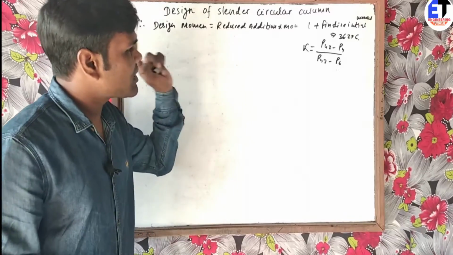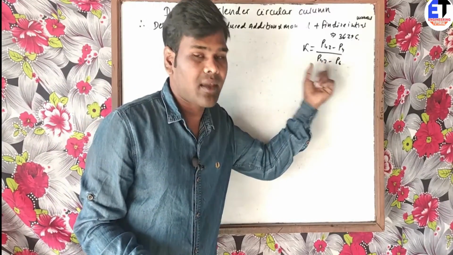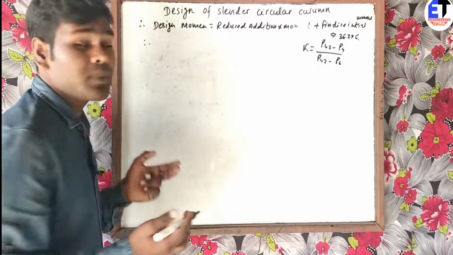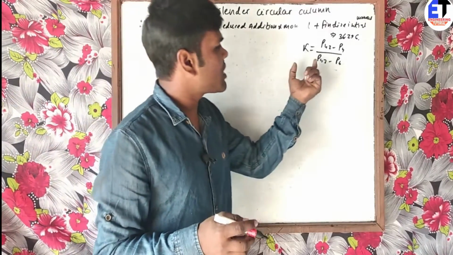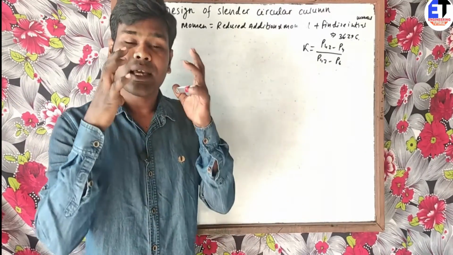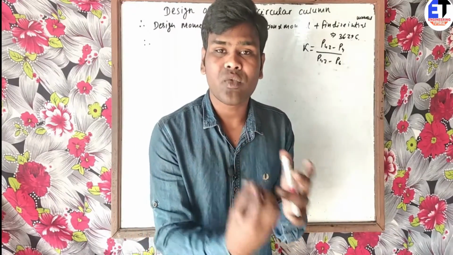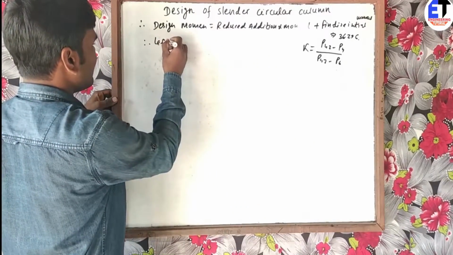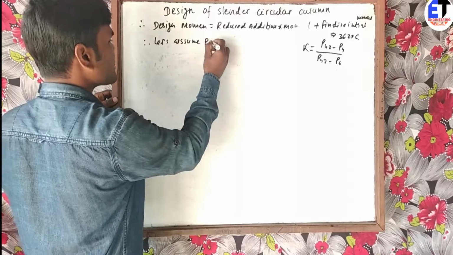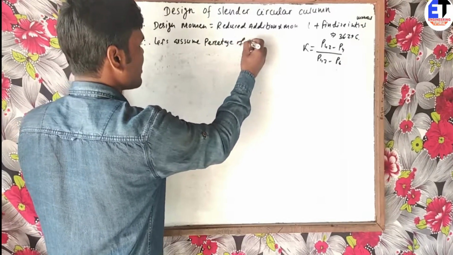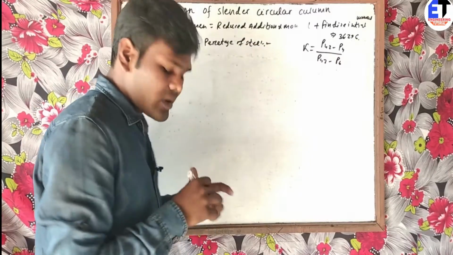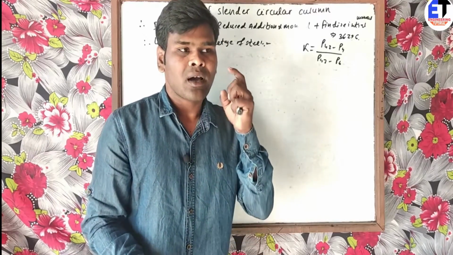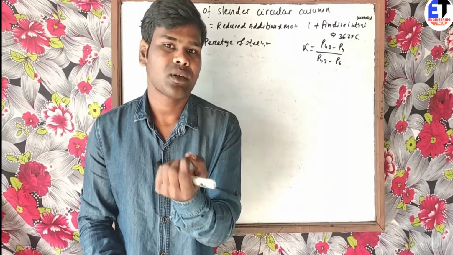Now we are going to calculate the reduced additional moment. The reduced additional moment can be calculated by multiplying by the factor k. So we are going to calculate Puz. What is the formula for Puz? Before calculating Puz, we have to assume the percentage of steel required for our circular column. The IS code has told us, or generally on site, the percentage of steel is taken as 2.1 to 2.5.